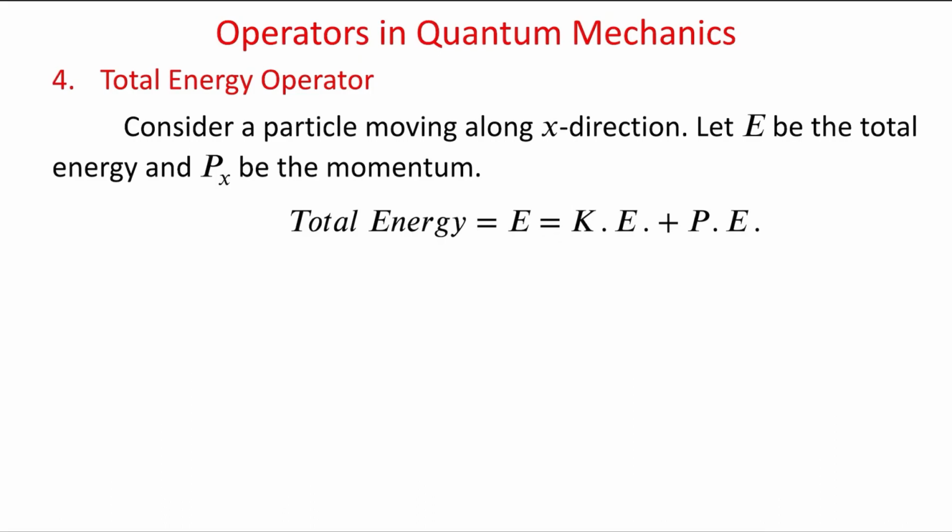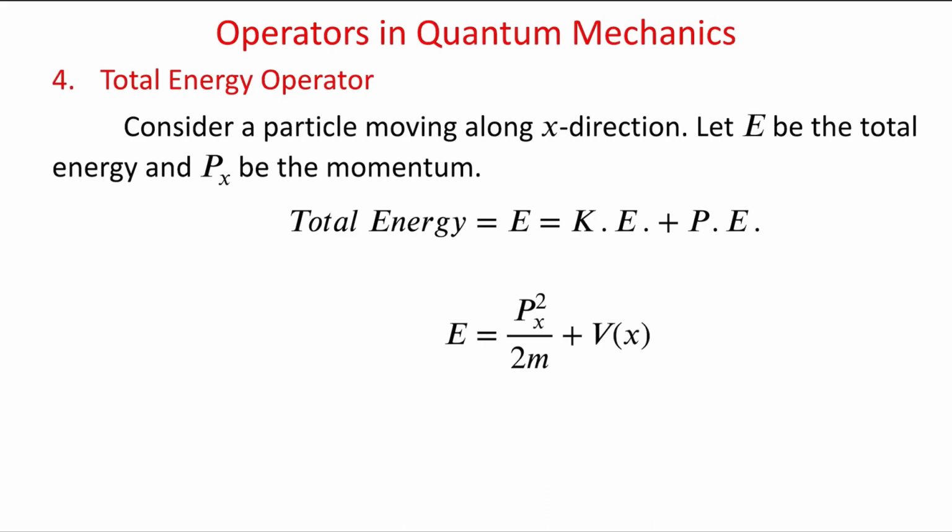Now we know that the total energy of a particle is represented by capital E and it is equal to the sum of kinetic energy and the potential energy of that particle. So total energy is kinetic energy plus the potential energy.